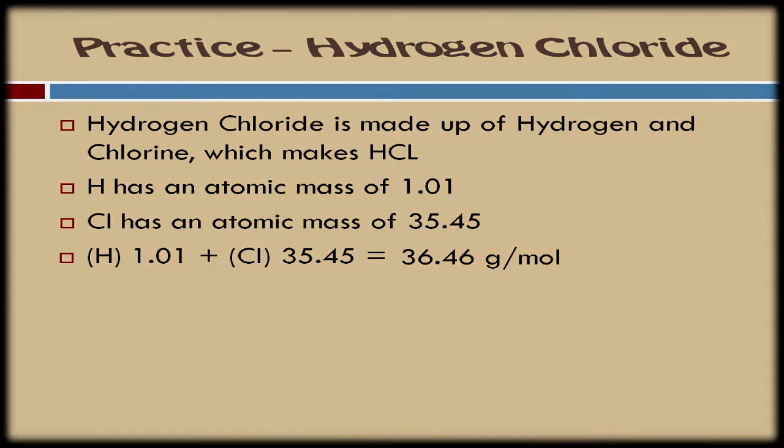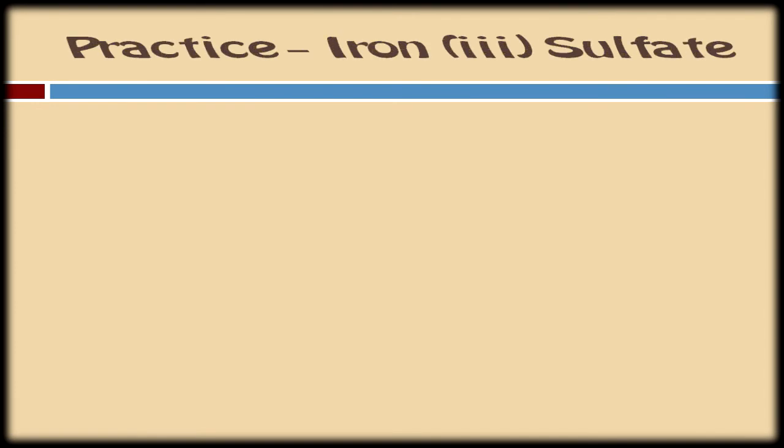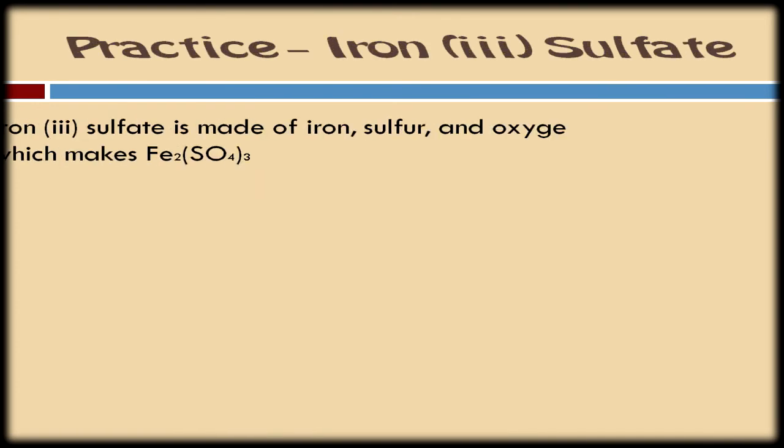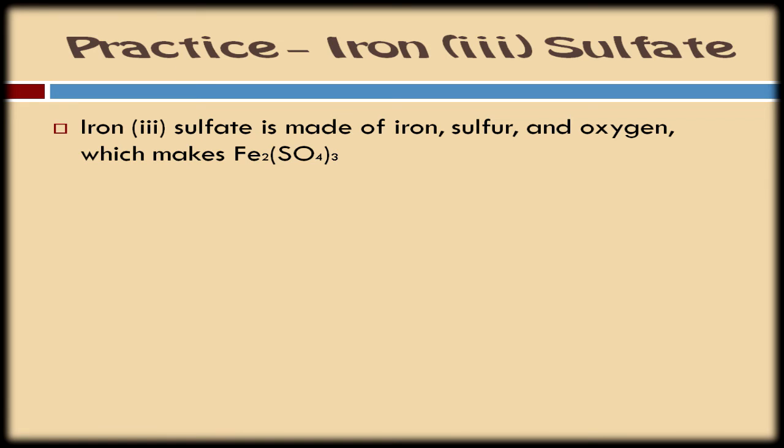Now let's move on to another practice question, which is a little bit harder. Iron 3 sulfate. Now, iron 3 sulfate is made of iron, sulfur, and oxygen, which makes Fe2(SO4)3. Now, sulfate is a polyatomic ion, so it contains sulfur and oxygen, SO4.